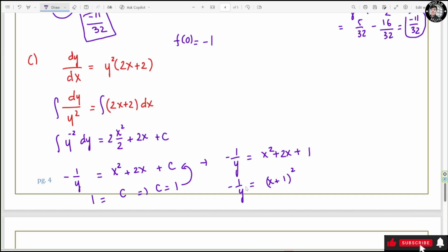Now I will multiply both sides by -1, right? So this becomes 1 over y equals -(s plus 1) all together squared, right? And I flip this one, it's going to be y equals 1 over s plus 1 all together squared, right? This one is the final answer.